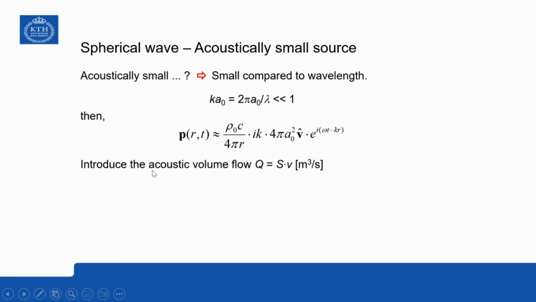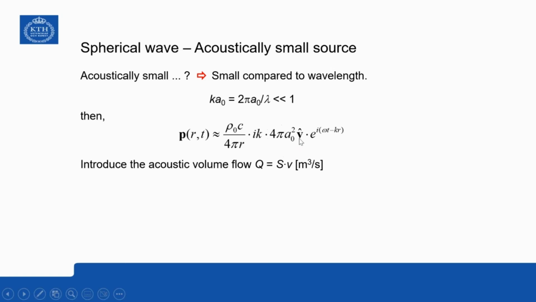something that we call the acoustic volume flow, Q. Now that is equal, if you see the units here, to the surface area, S, times the vibration velocity of the surface. And in this case, this is equal to the spherical surface area.